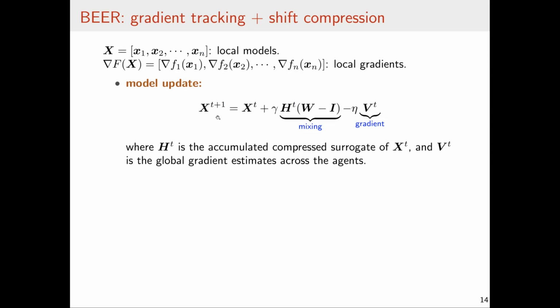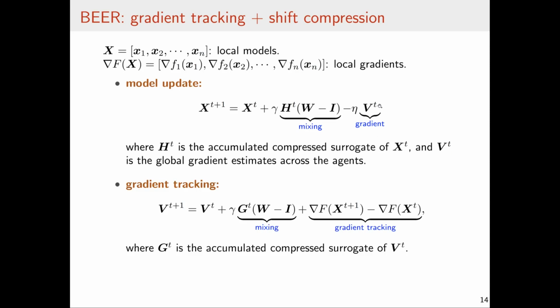And we will also be updating the models along some search direction V^t, where these V^t are the estimates of the global gradient across the agents. And as you can imagine, we will be updating these gradients using the gradient tracking trick. This will also contain two components. One component is this mixing component, where instead of mixing the global gradient across the agents, we are only able to mix the compressed surrogate of these local gradients due to compression.